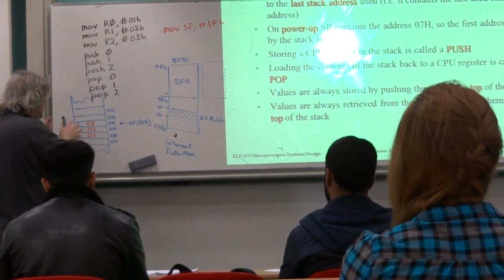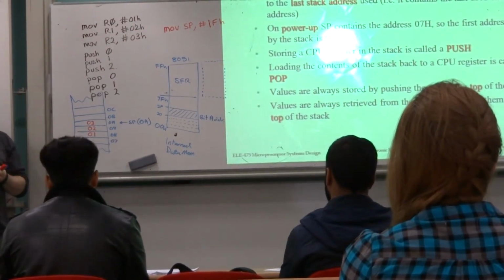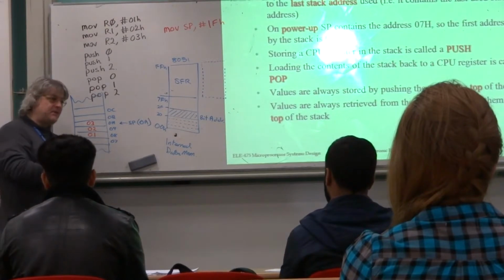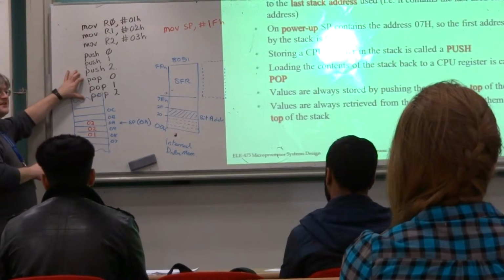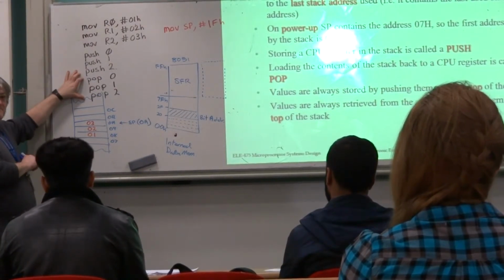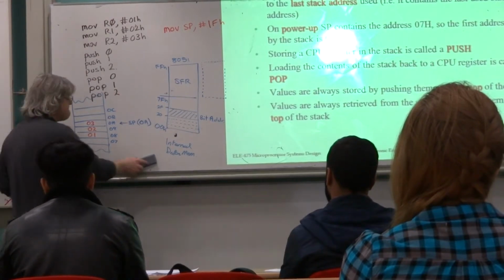So to make sure that you get things back out of the stack and put them back where they belong, whatever you put on the stack in a certain sequence, you reverse the sequence to put them back where they were. Okay?